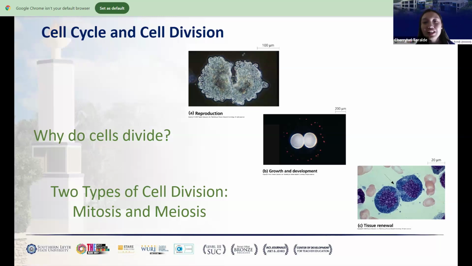And also after panganak na ang infant, it needs to grow and develop, so still need to divide para maka-keep up with the height requirements, the weight, and the different metabolic functions of the body of a eukaryotic organism.